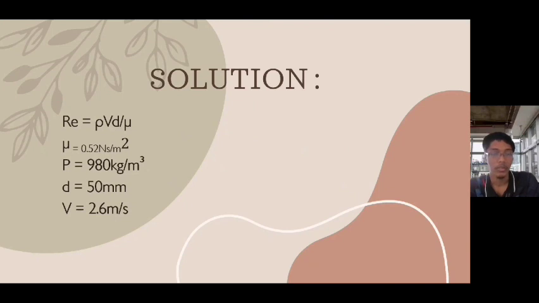Solution. We are going to use the Reynolds number formula, which is Re equals density times velocity times diameter over viscosity. Viscosity equals 0.52 Newton second per meter square. Density is 980 kilograms per meter cube. Diameter is 50 millimeters. Velocity is 2.6 meters per second.